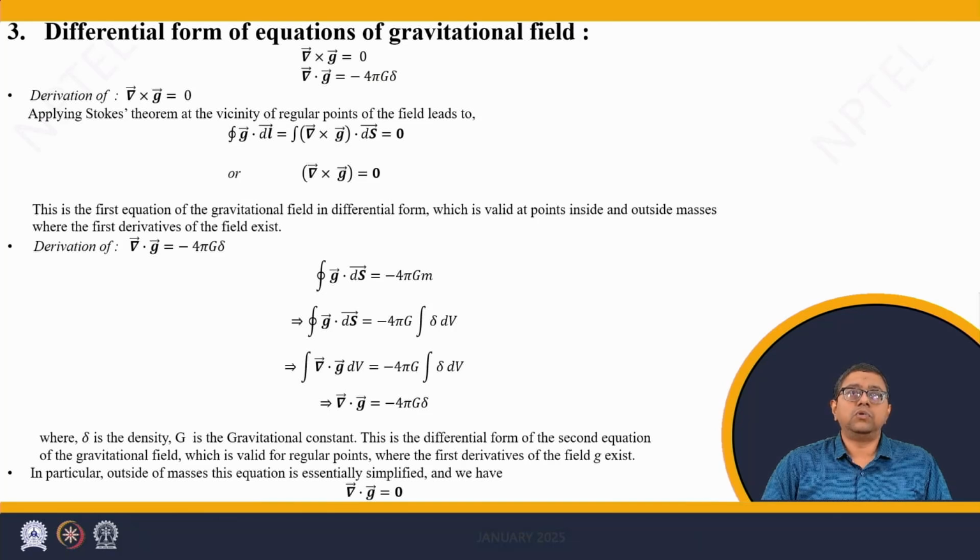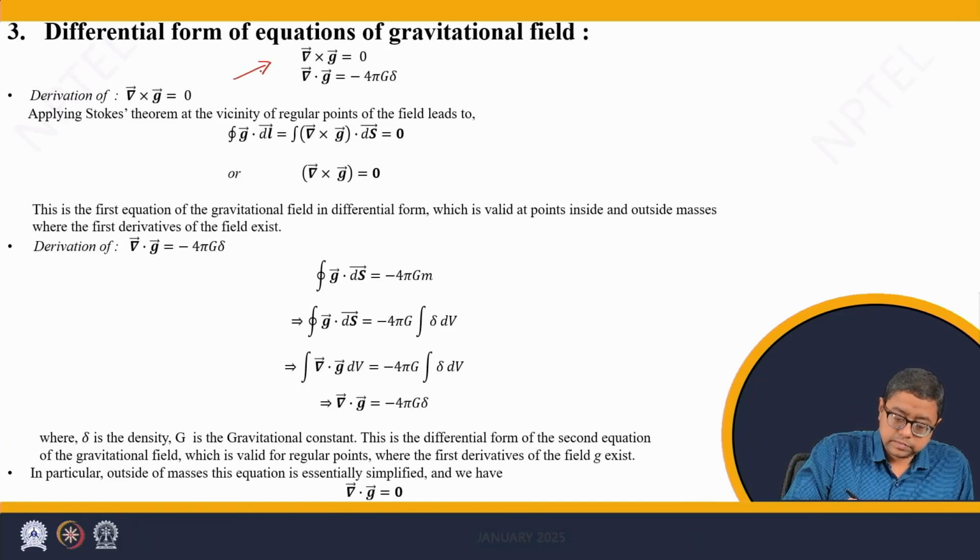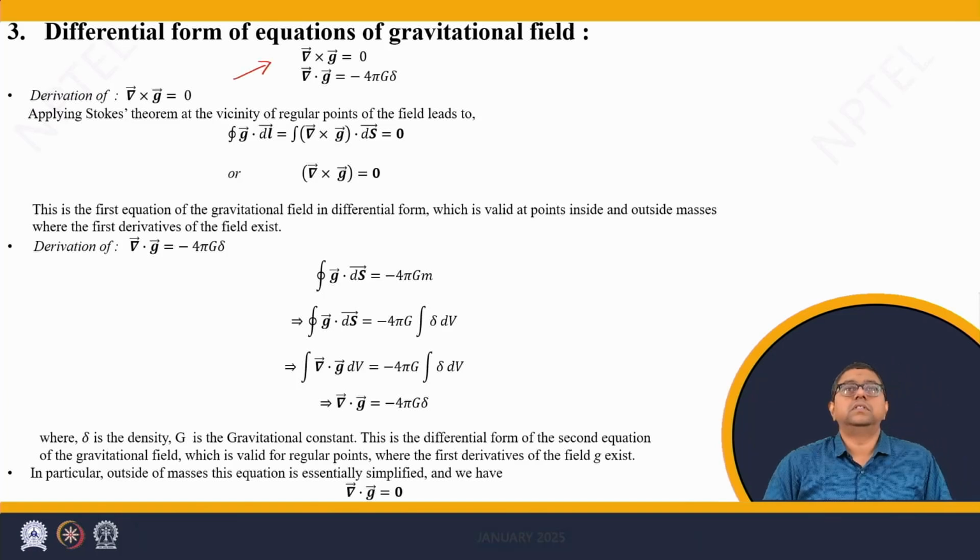Now we turn to the differential form of the equations of the gravitational field. These two equations are the differential form of equations for the gravitational field. The first is the curl of g equals 0. The second is the divergence of g equals minus 4π G δ.